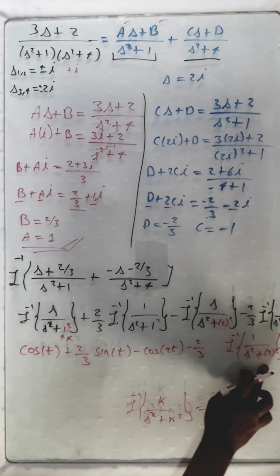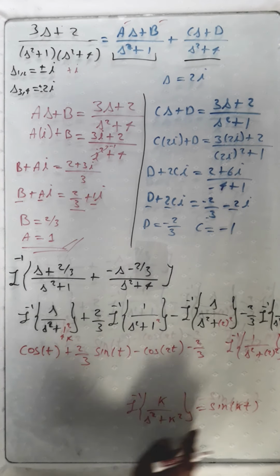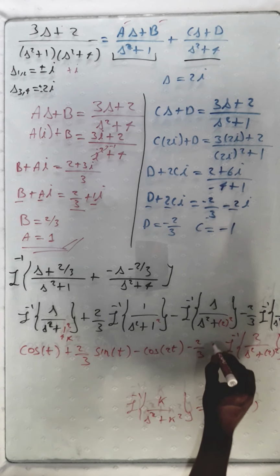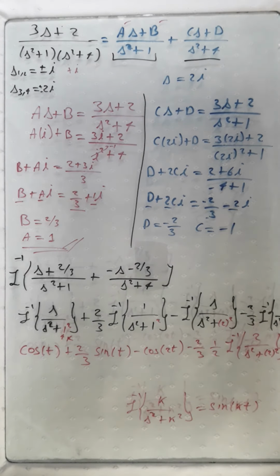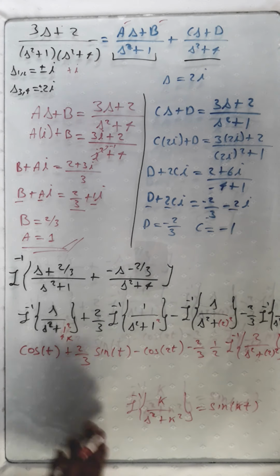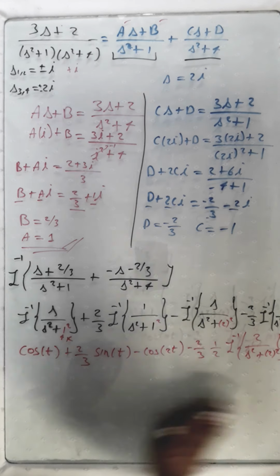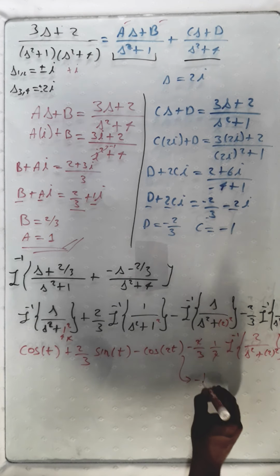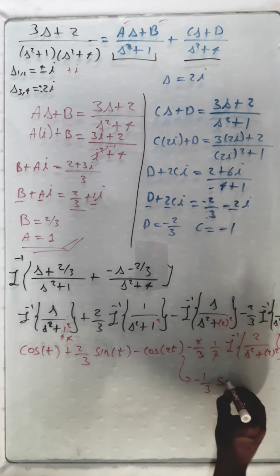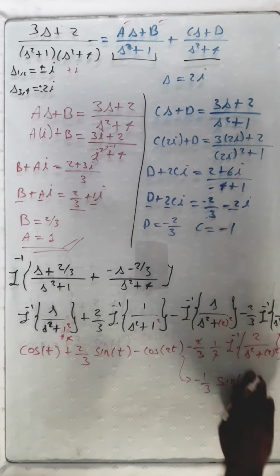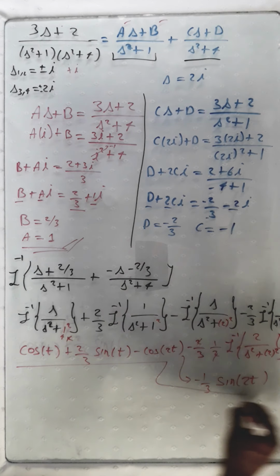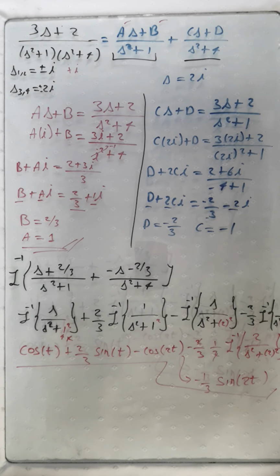So here you cannot apply this formula because you need the 2 here. So you are going to complete the formula with 2 and then compensate that with 1 over 2. And then you can apply the formula. So these 2 and these 2 cancel. From here, minus 1 over 3, the sine of 2t. And this is the result of making the Laplace inverse of this.